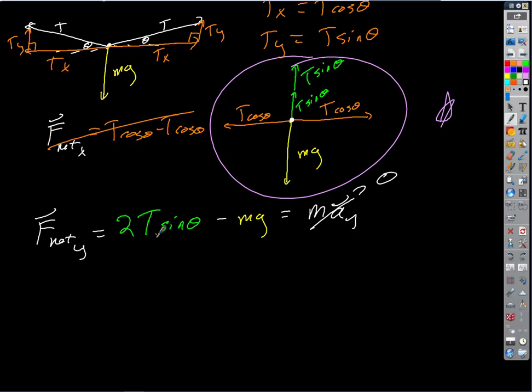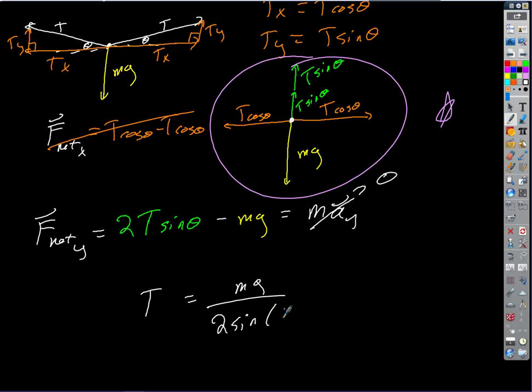So if I solve for T, I'm going to add the mg to this side. So T is going to equal mg divided by 2 sine theta. I'm trying to isolate the T, so I'm going to add the mg over here and divide by the rest. And let's go ahead and plug in the value of theta here.